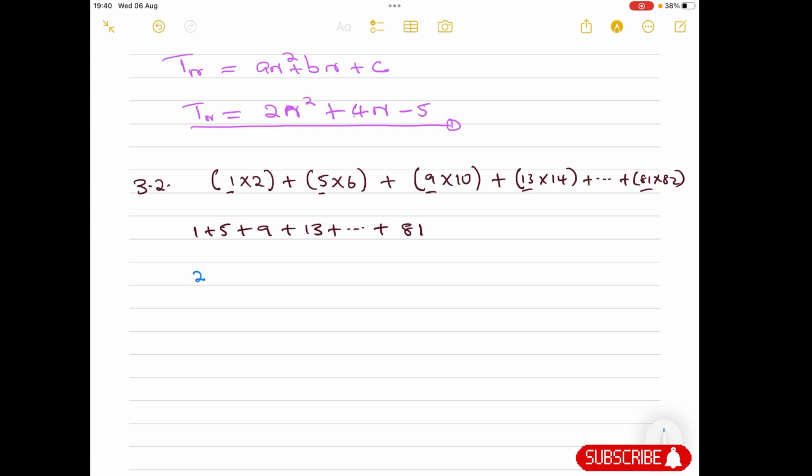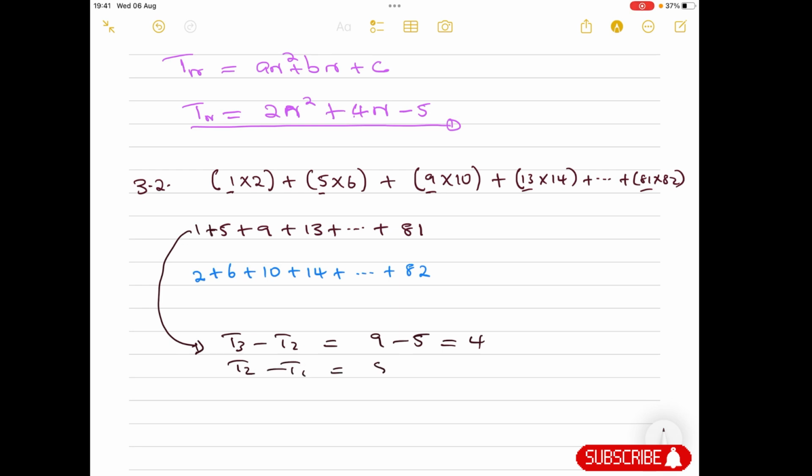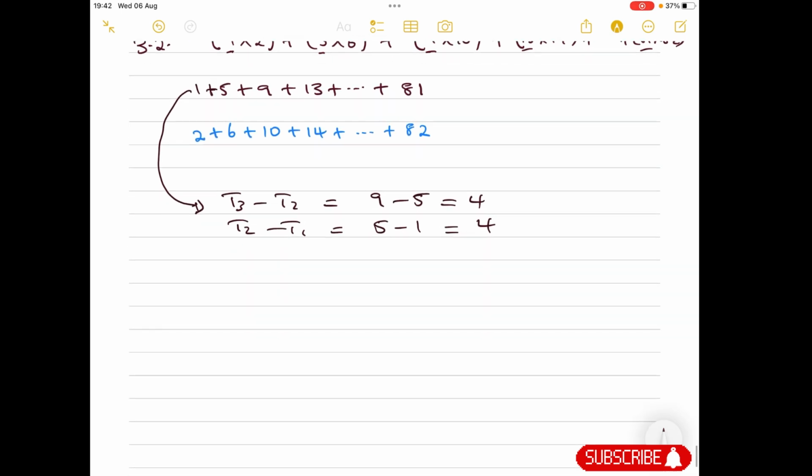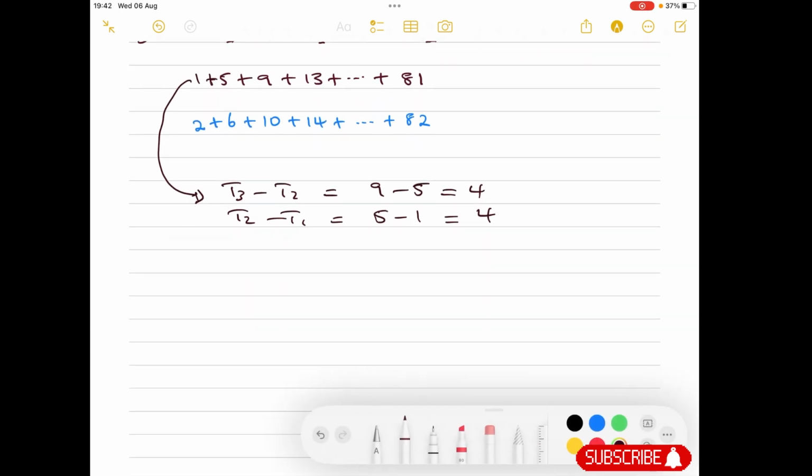And then we have 2 plus 6 plus 10 plus 14 plus and so on, plus 82. Let us look at the first one. If you say T3 minus T2, it will be 9 minus 5. You get 4. And if you say T2 minus T1, it will be 5 minus 1, and you get 4. So you see, you have a common difference here.